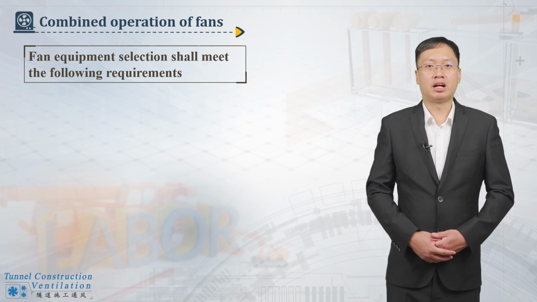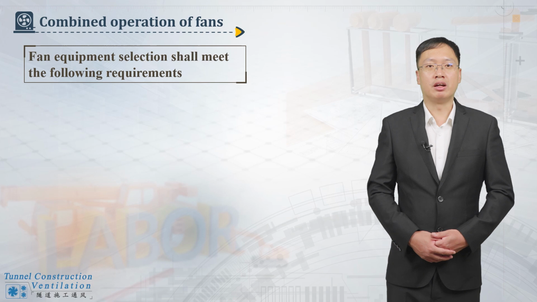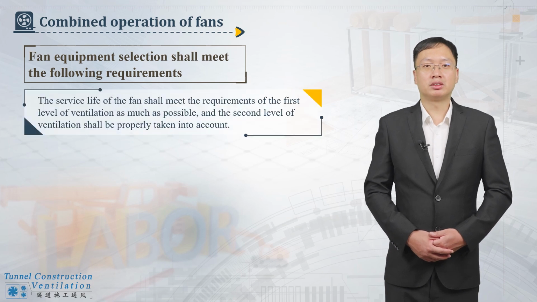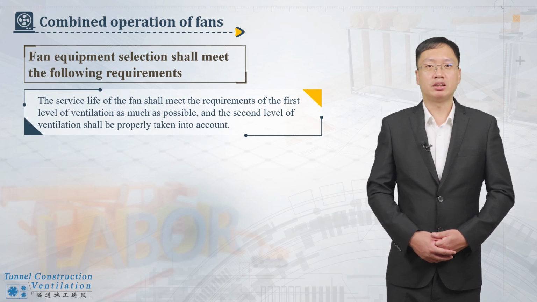Fan equipment selection shall meet the following requirements. 1. The service life of the fan shall meet the requirements of the first level of ventilation as much as possible, and the second level of ventilation shall be properly taken into account.